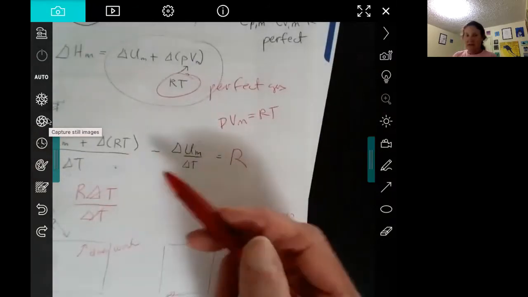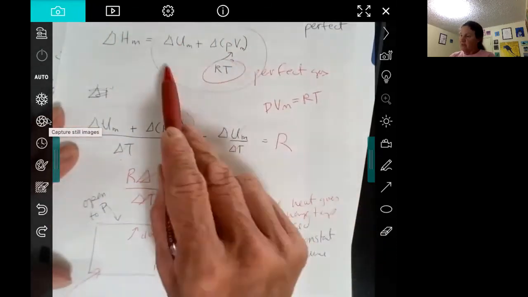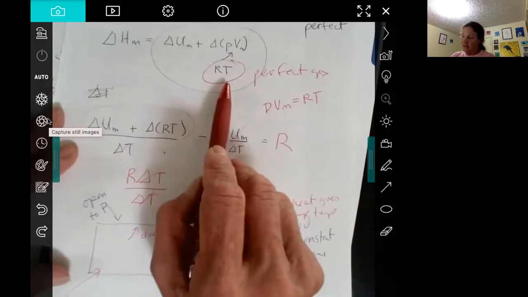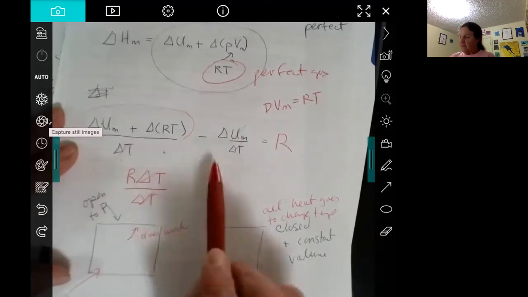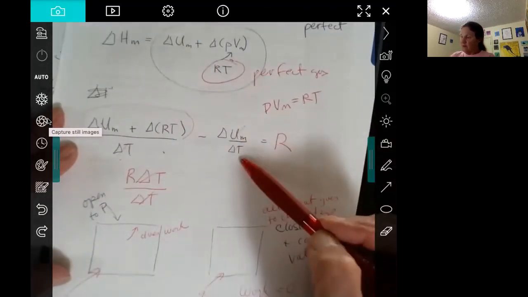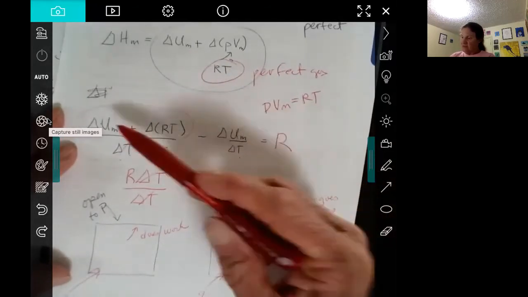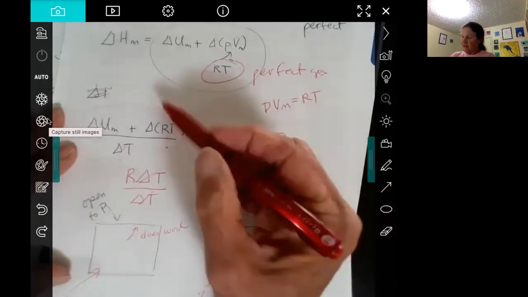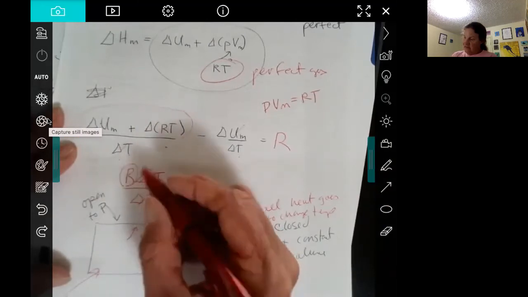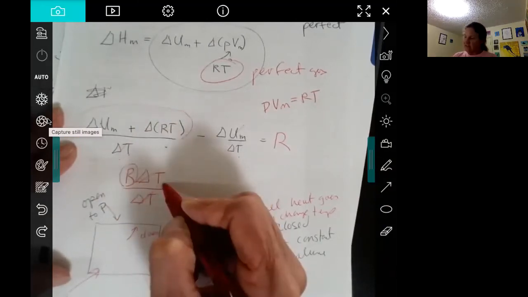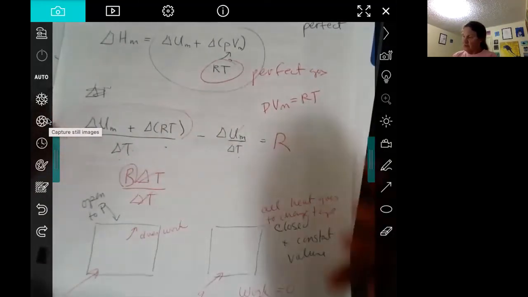So when we go back up here, that means if I put in delta H in terms of U and RT, it would be delta U plus delta RT over delta T minus delta Um over delta T. And this is the same as this. So this minus this is 0. And so you have delta RT over delta T. And R doesn't change. So delta RT is R delta T. And delta T over delta T equals 1. So this just shows you that it's equal to R.